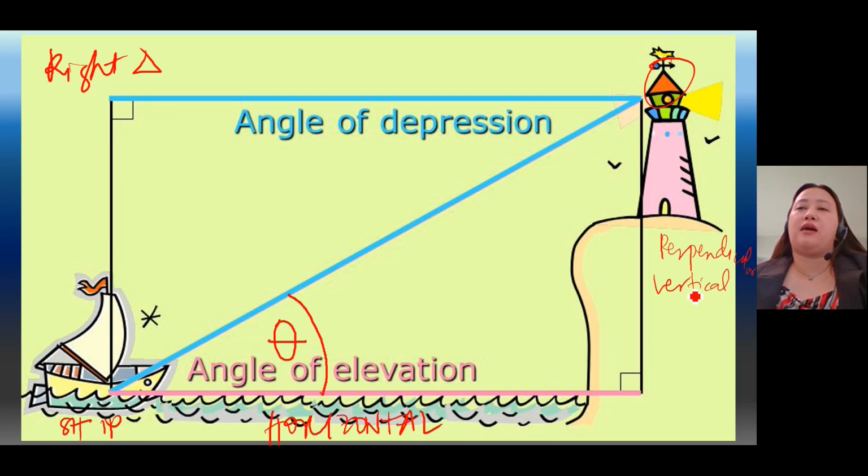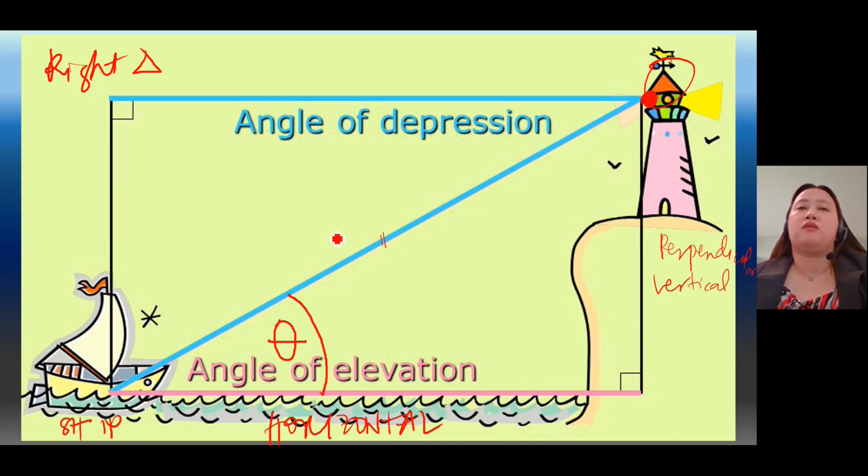So what is the vertical line? It is a line from this point towards the horizontal, so that you can form a right angle, a right triangle. And in the said right triangle, we have another side here.